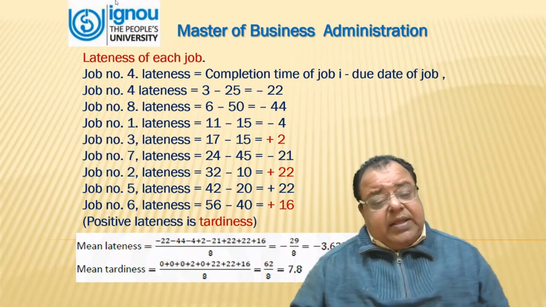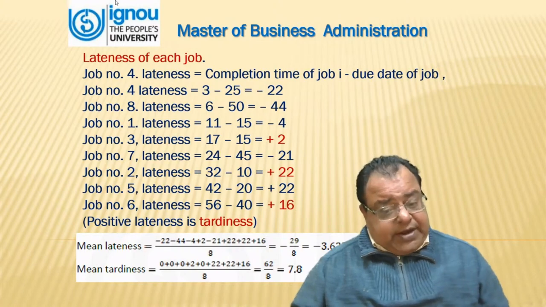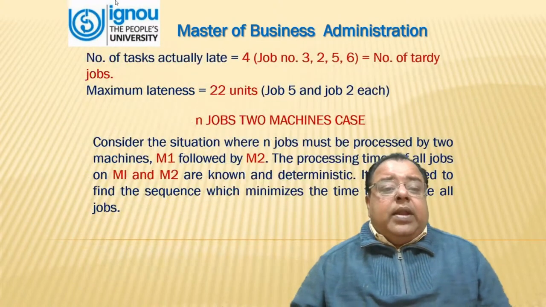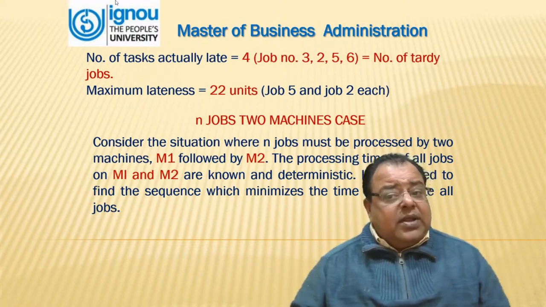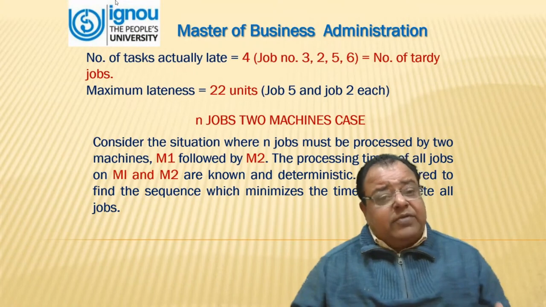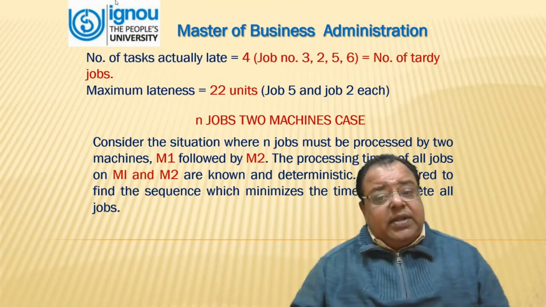Similarly, the mean tardiness is calculated, which comes out to be 7.8. The number of tasks actually late is 4, that is jobs 3, 5, 6 and so on, because these are the tardy jobs. Maximum lateness is 22 units.